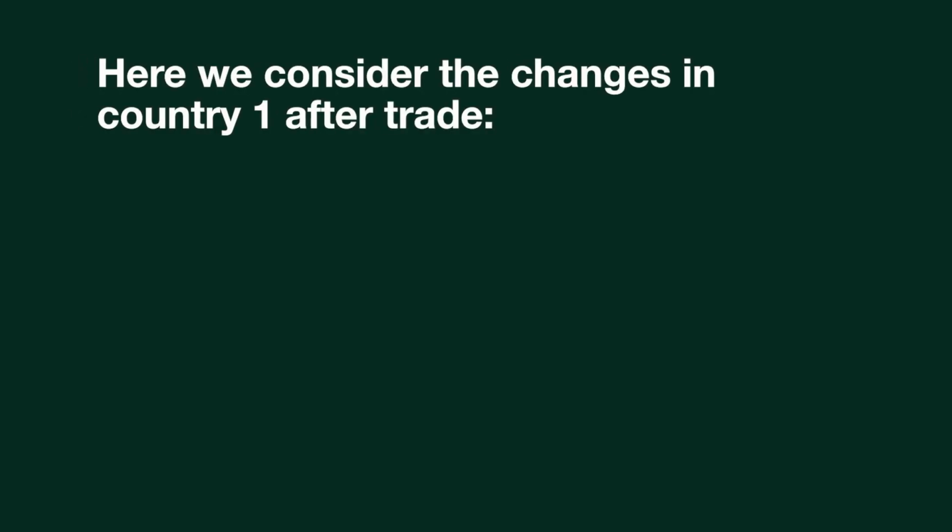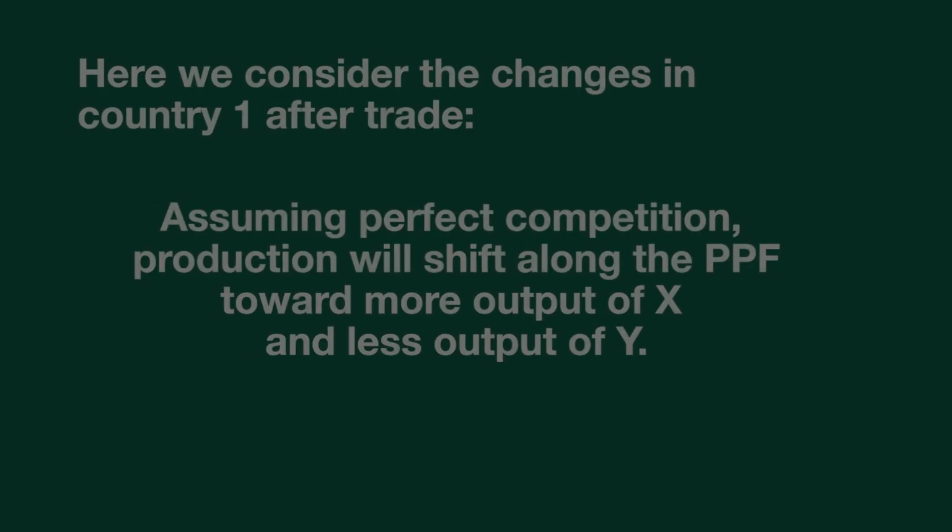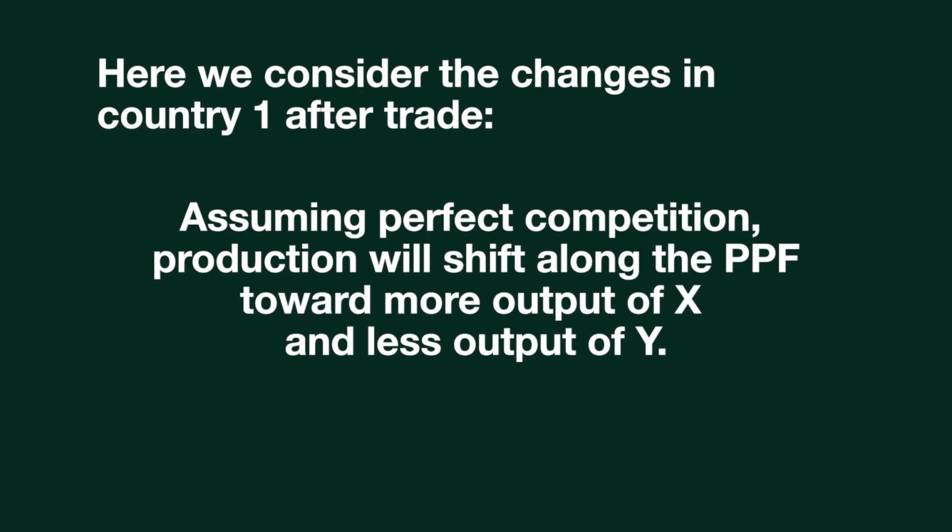As soon as trade opens, remember, country 1 is now an exporter of good X. When country 1 starts exporting good X, the rise in the price of good X in the international market will trigger the producers to produce more of good X. In order to produce more of good X, producers will sacrifice good Y. Assuming that there is perfect competition in the market, the production will shift along the PPF from more of Y to less of Y, towards more of X.